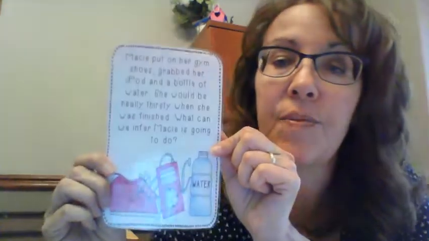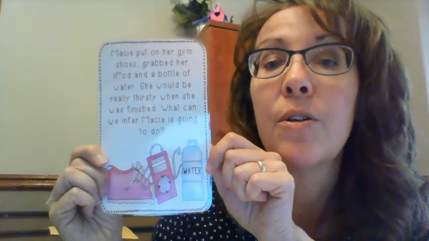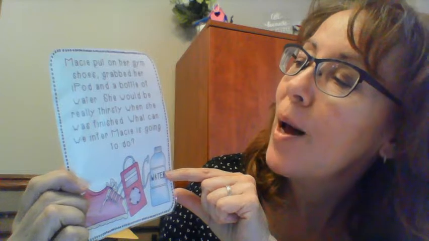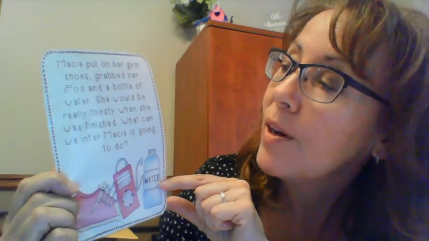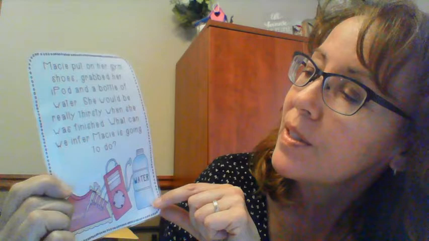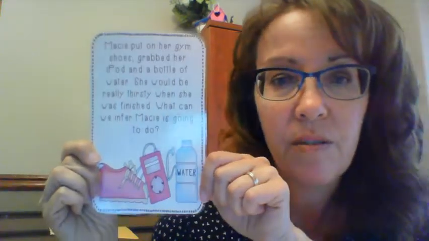So let's practice. I have a little card here with a little short passage, and it goes like this. Macy put on her gym shoes, grabbed her iPod and a bottle of water. She would be really thirsty when she was finished. What can we infer Macy is going to do?